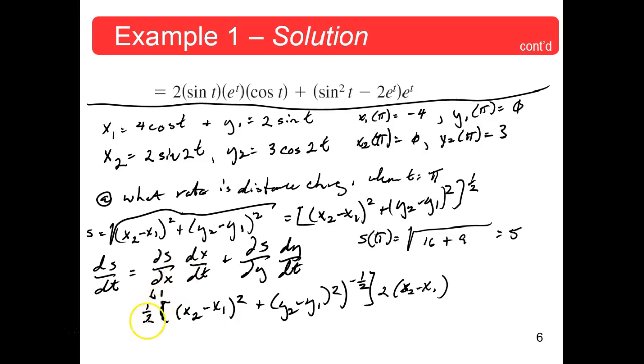And one thing you might note, you can cancel out the 2's there. So that makes it a little easier. Cleans it up just a tad. Then you can do the same plugging in at t equal to pi. Those are still going to be those same values, so nothing really changes there.